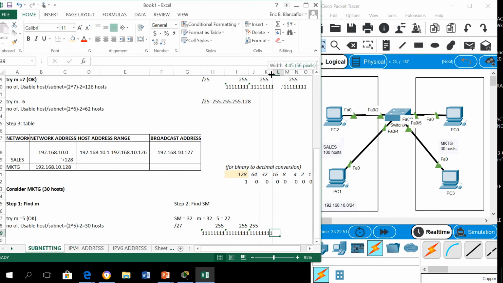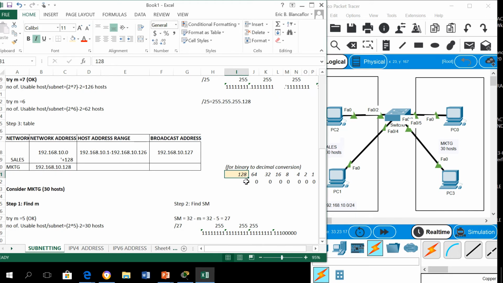The remaining are 25, 26, 27. There should be 8 bits, so I will add 5 zeros. I need to convert this to decimal: 3 ones and 5 zeros.